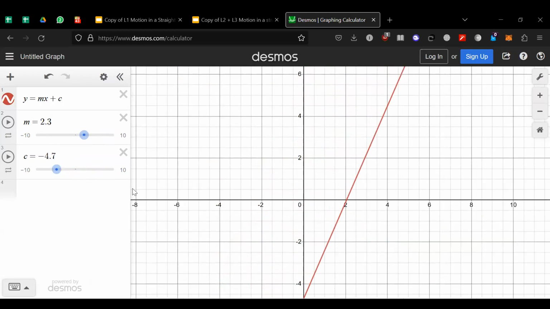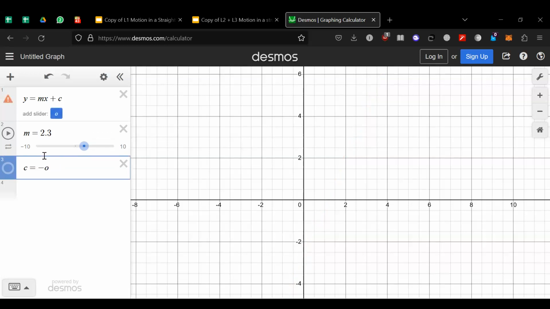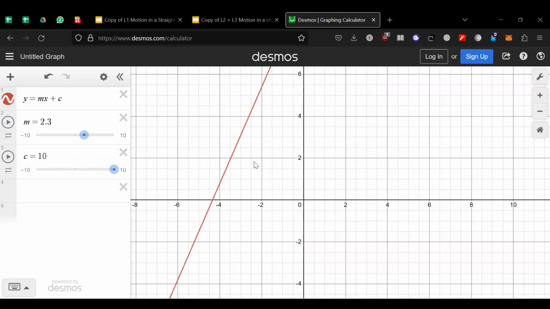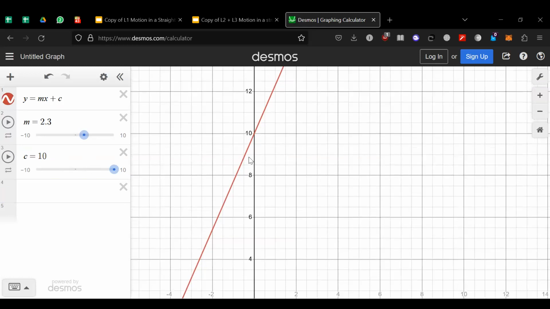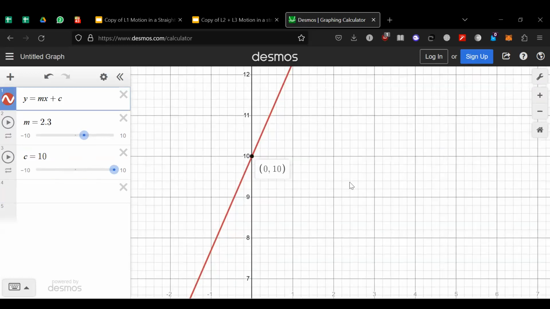Okay, so you can see as I make the value of C equals to 0, let's make it 0 manually. The line is intersecting the origin. If I make it 10, then let's check out where does it intersect the y-axis. Well, this point here is 0, 10. Okay, if I make it minus 10, let's see where it intersects.